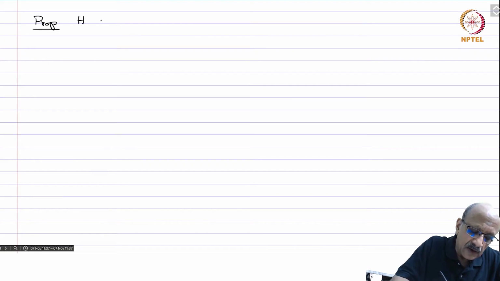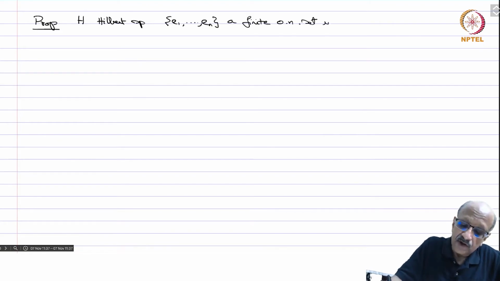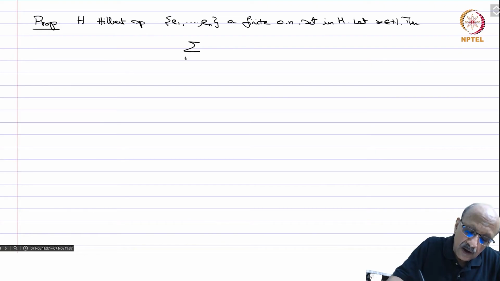Let H be a Hilbert space and e_1 to e_n a finite orthonormal set in H. Let x belong to H, then the sum from i equals 1 to n of mod <x, e_i> square is less than or equal to norm x square.